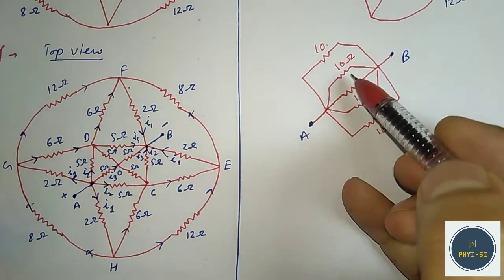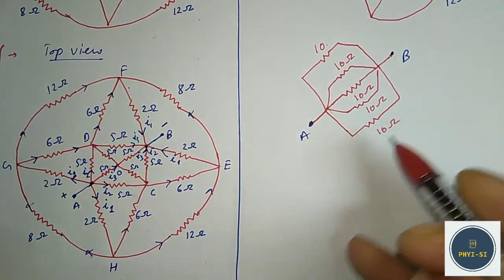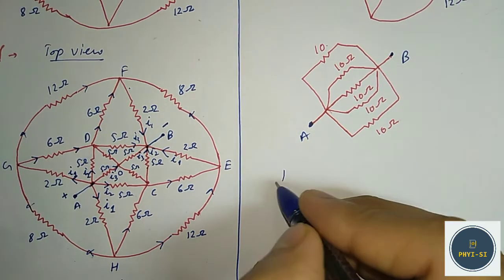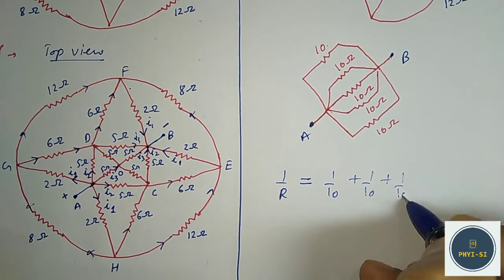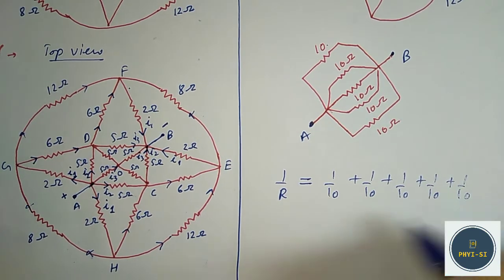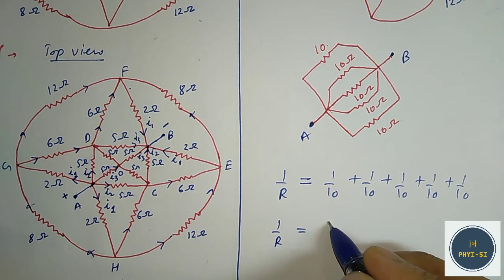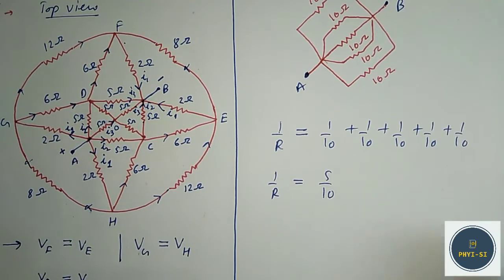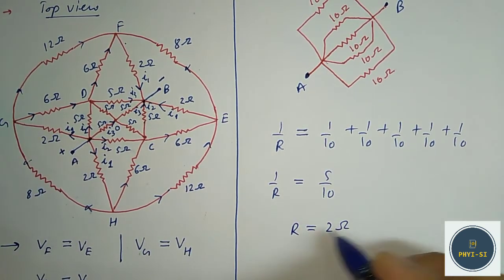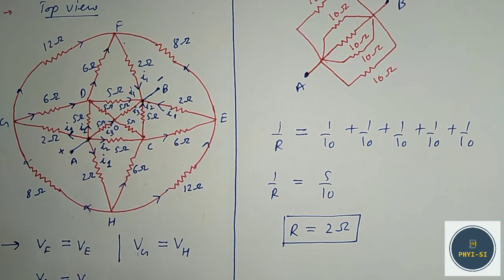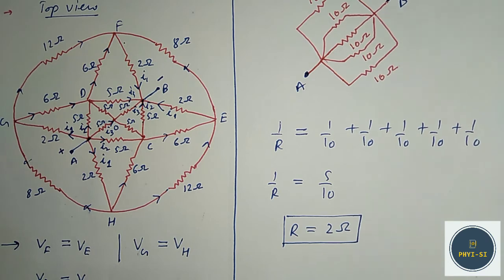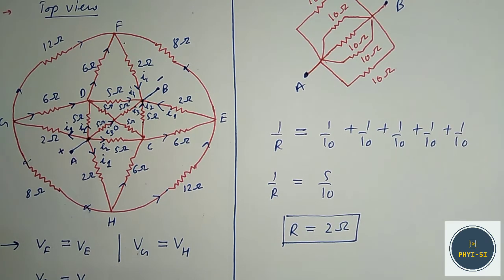So now you can easily see all these 10 ohm resistors are in parallel, so the equivalent resistance would be 1 by 10 plus 1 by 10 plus 1 by 10 plus 1 by 10 plus 1 by 10. So 1 by R should be equal to 5 by 10. So R should be equal to 2 ohm. So this is the result. So you can see we can apply the concept of symmetry to solve this kind of very complex network of resistors.